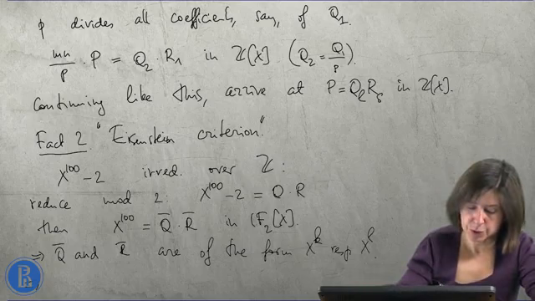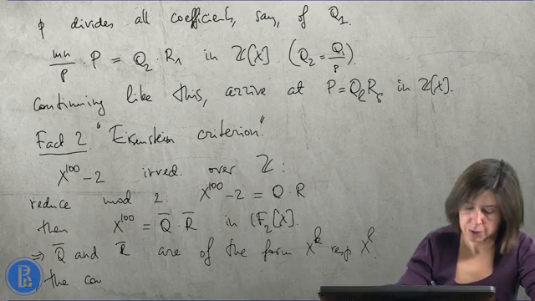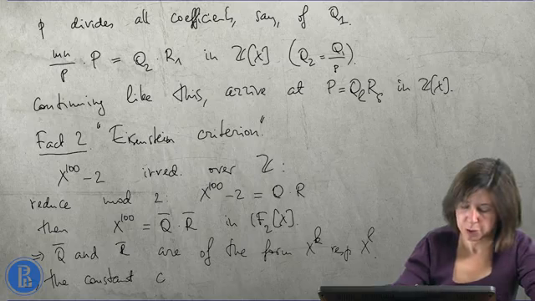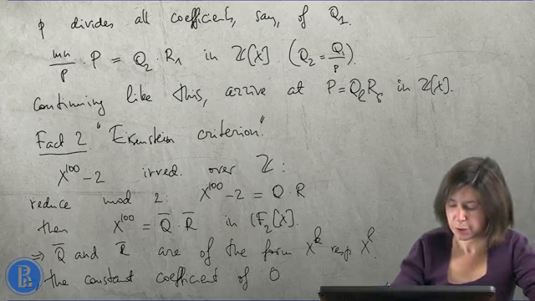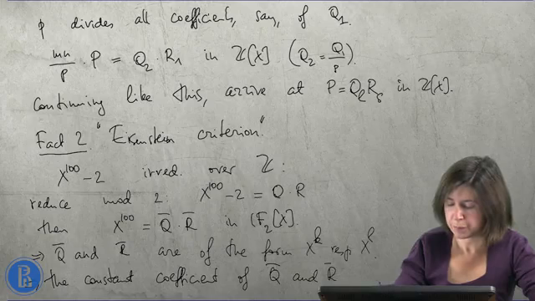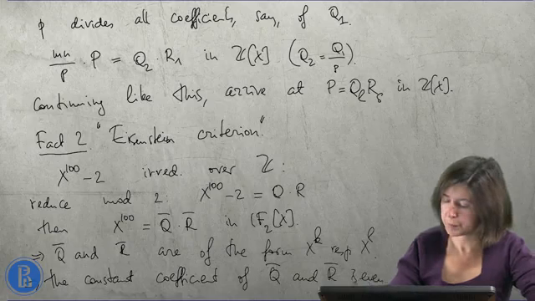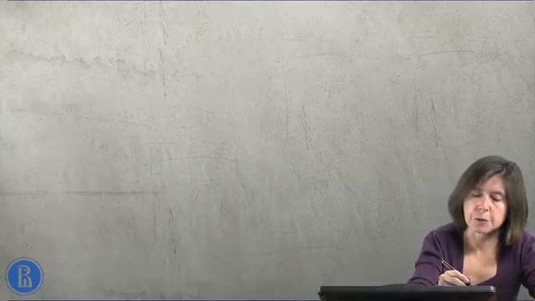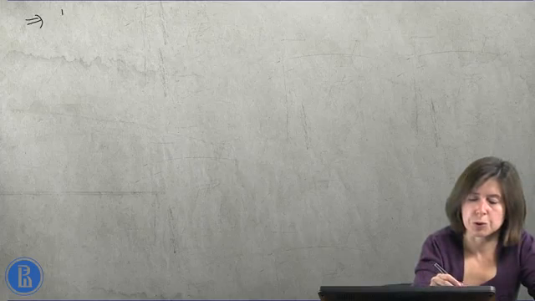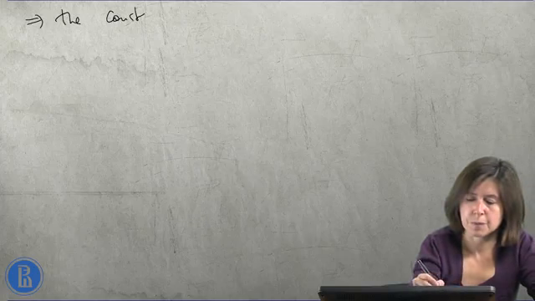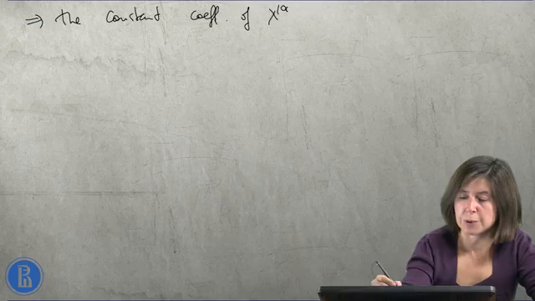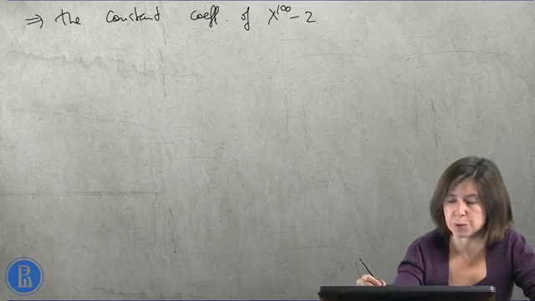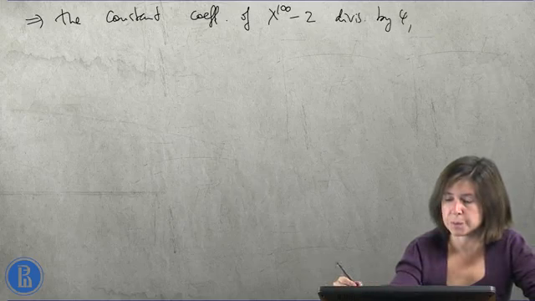So the constant coefficient of both q bar and r bar is even. And this means the constant coefficient of x to the power 100 minus 2 must be divisible by 4. And this is not the case.